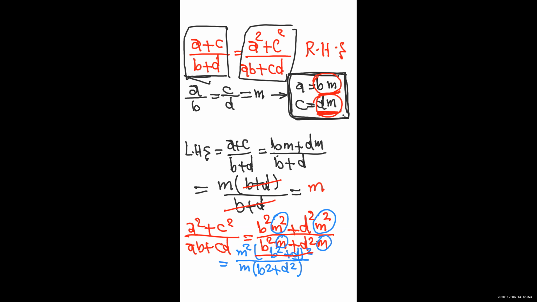B squared plus D squared, B squared plus D squared. So it will equal M squared over M, which is equal M. Okay? So now the left-hand side equals the right-hand side. Both of them are equal to M. So that was the required in this question. Okay, guys, are we clear? Yes, we are. Okay, great.